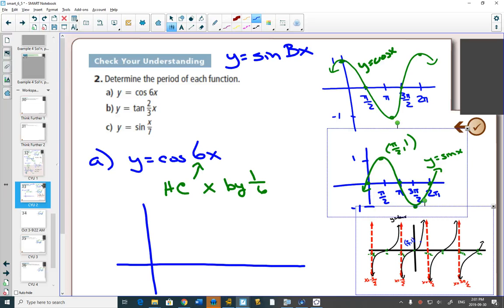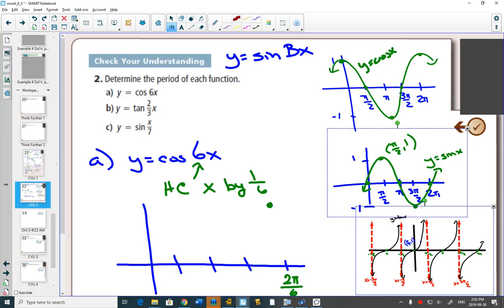we would normally start by drawing one period here and split it into 4 equal sections. We normally label that period as 2 pi. But since we're multiplying our x values by 1/6, this point right here, that maximum at 2 pi, is now going to be at 2 pi over 6.